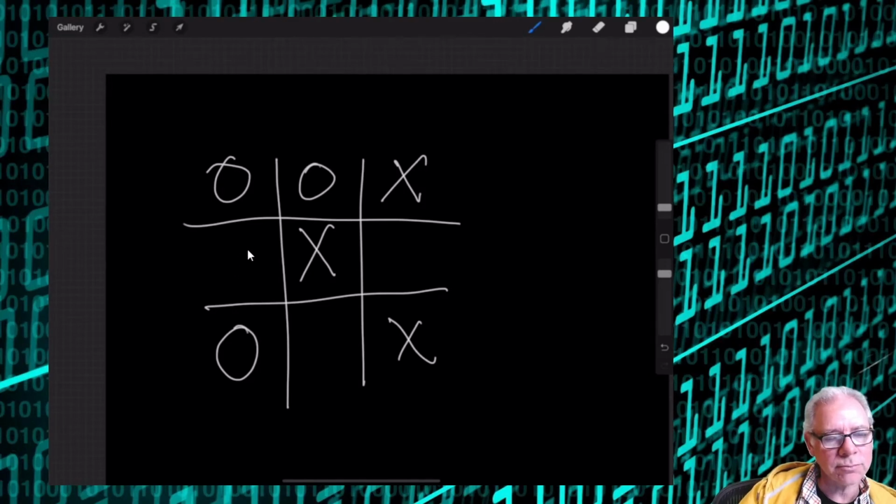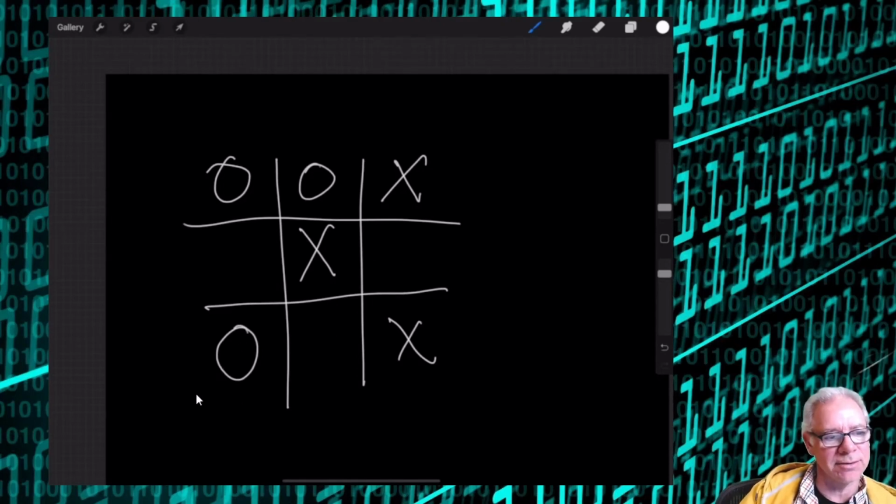So I think we have to say that the correct move for X is, well, even this position for O is weird because it didn't block this position for X. So it's hard to say whether this O position really should have gone here or here.